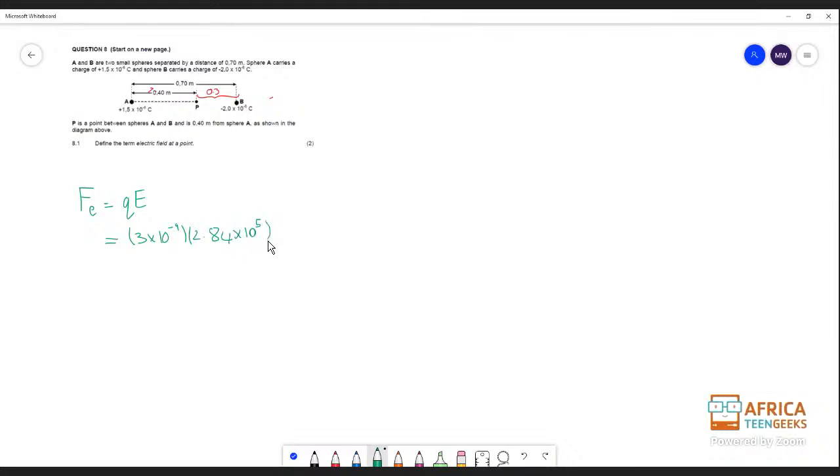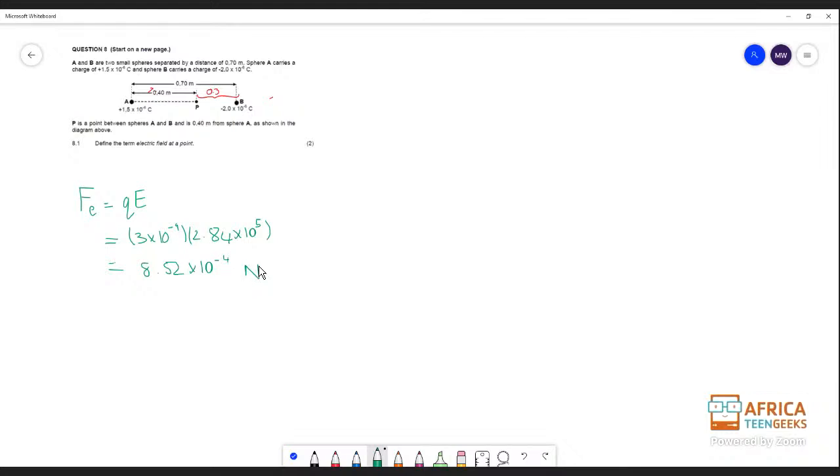So you won't get full marks because you don't get the correct final answer, but you'll get most of the workout marks because you've done the process correctly. So this gives you a value of 8.52 times 10 to the negative 4 newtons.